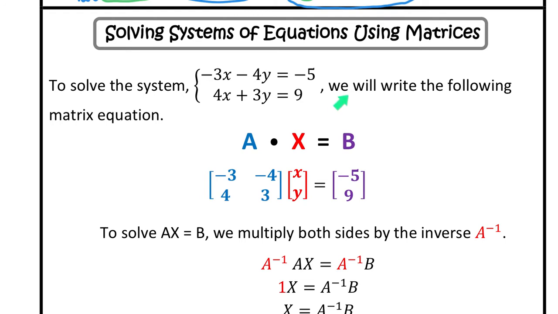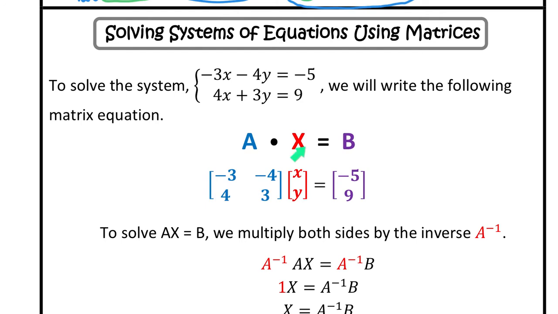What we can do is write this as a matrix equation. In a matrix equation, you're basically writing a matrix for the numbers in front of the x's and the y's, and the numbers after the equals sign.